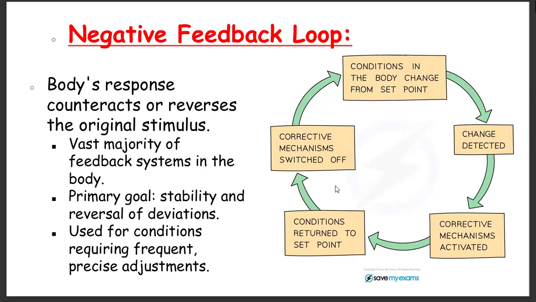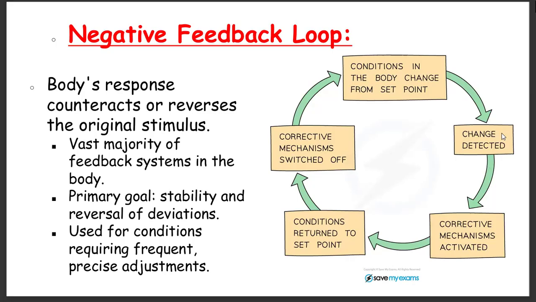You're going to reduce it. So it is a very important type of feedback loop in the body, and this one is actually the most common one, such that most body homeostatic mechanisms are going to employ this type of feedback loop. For example, thermoregulation, blood volume regulation, blood sugar regulation, all those types of homeostatic regulations actually use the negative feedback loop.